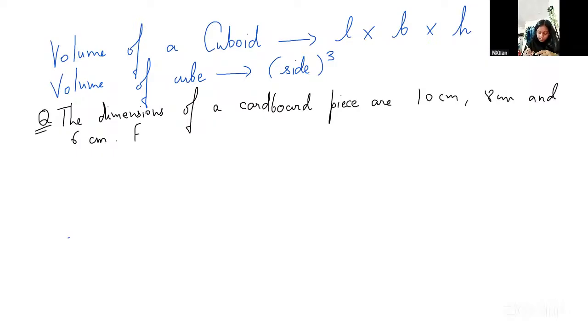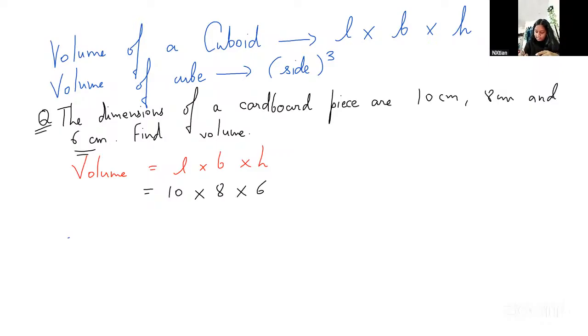Find volume. What we will do? Write down the formula. Volume, because this is a cuboid, length into breadth into height. What is the length? I told you the first one is always the length, 10. Second one is the breadth, 8. And third one in the question is your height, 6.